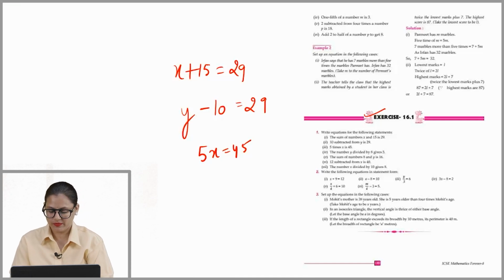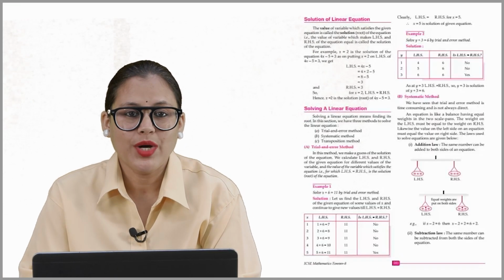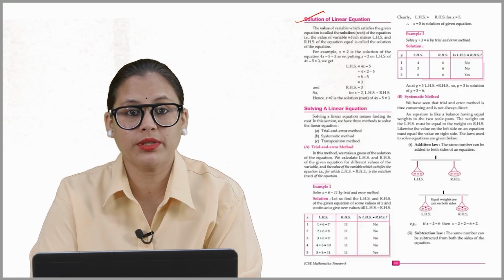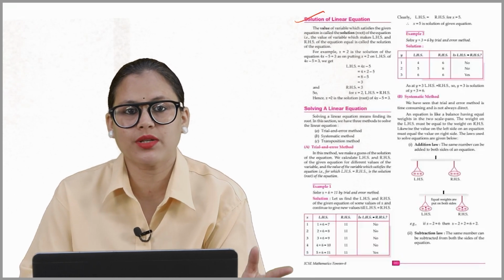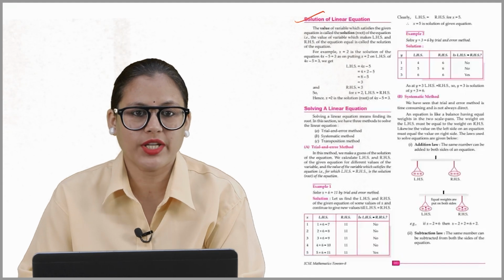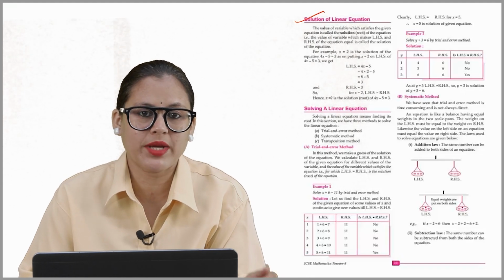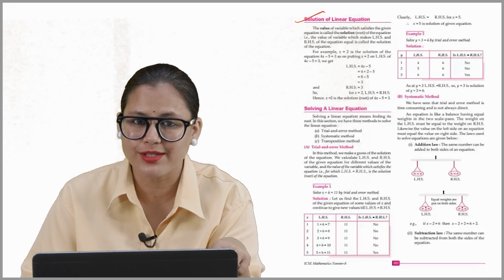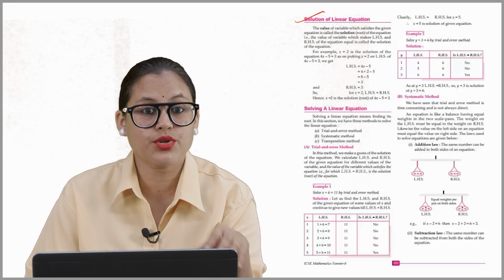Now, solution of a linear equation. The value of the variable which satisfies the given equation is called the solution of the equation. That is, the value of the variable which makes the LHS, that is the left-hand side, and the RHS, that is the right-hand side, of the equation equal is called the solution of the equation.